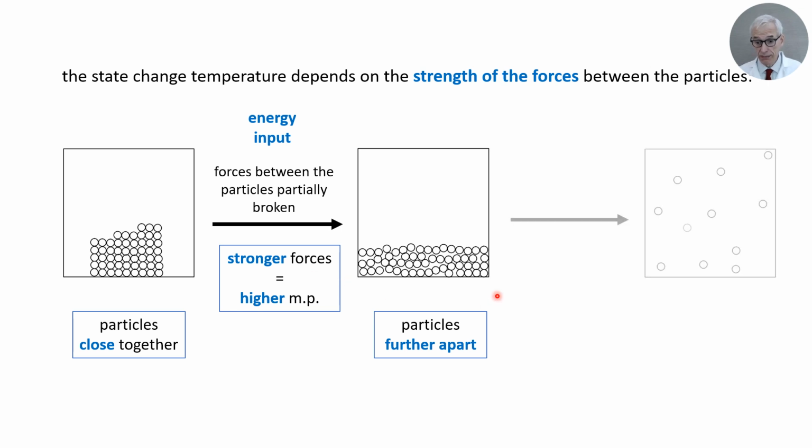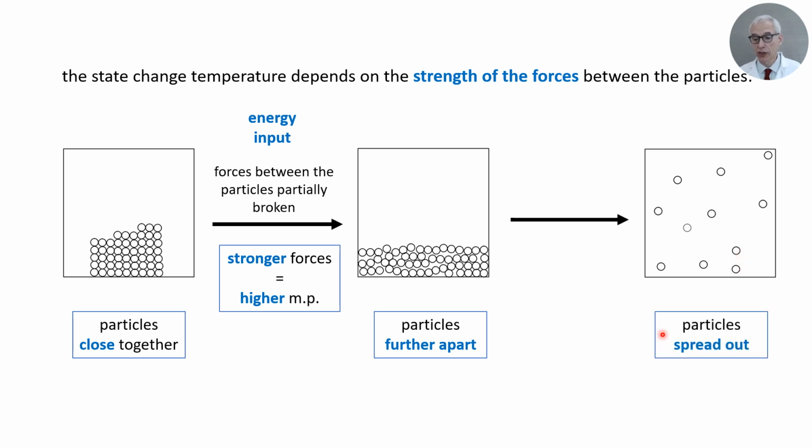Pause the lesson. Can you write equivalent statements using the correct terminology expected at GCSE for the change liquid to gas? Pause, come back when you've completed the task. Okay, so of course, the particles are spread out in a gas, or far apart.